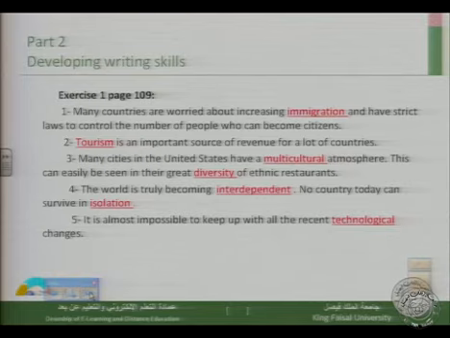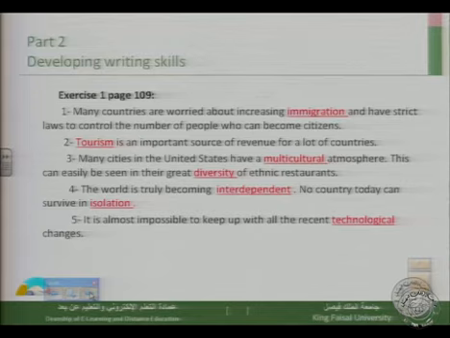This can easily be seen in their great diversity of ethnic restaurants. 4, the world is truly becoming interdependent. No country today can survive in isolation. And the last one, number 5, it is almost impossible to keep up with all the recent technological changes.